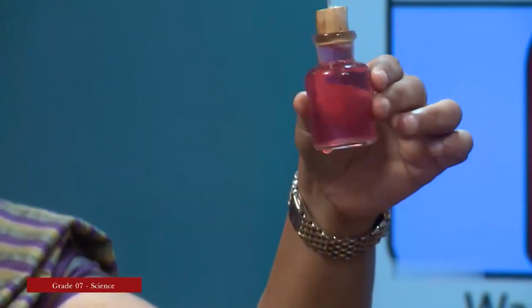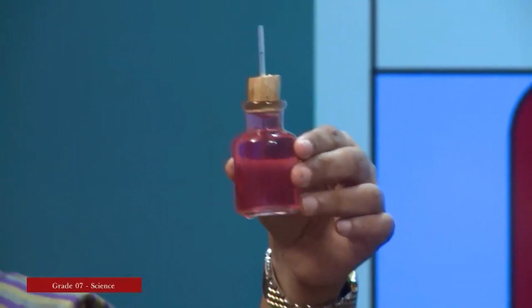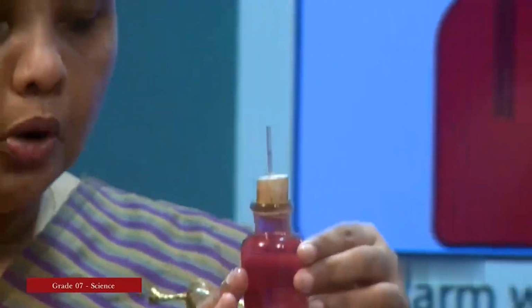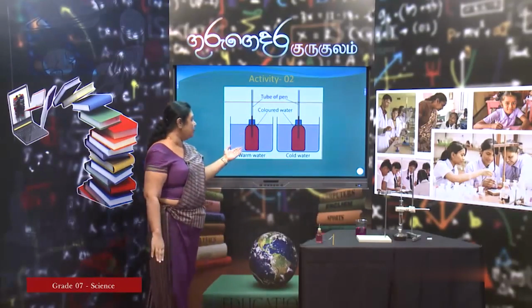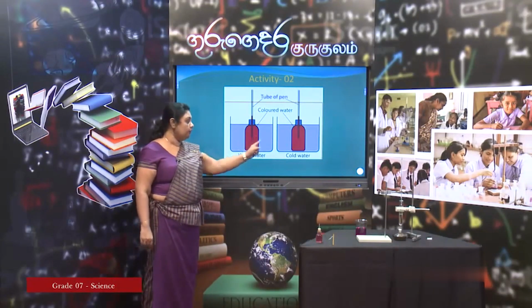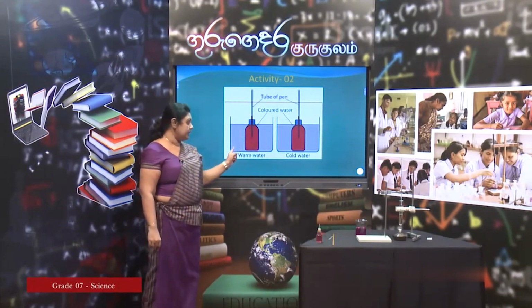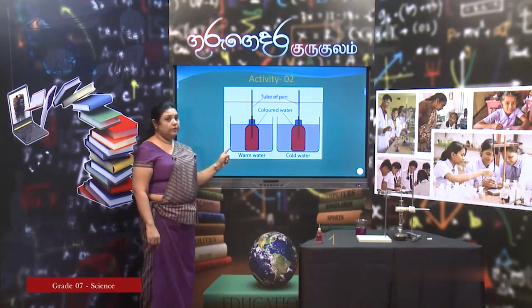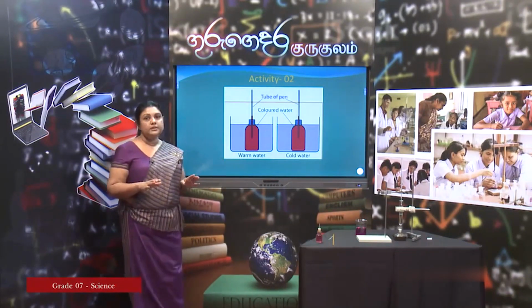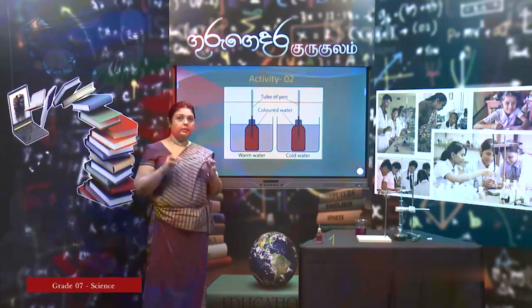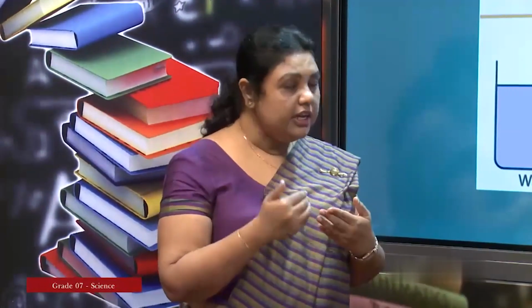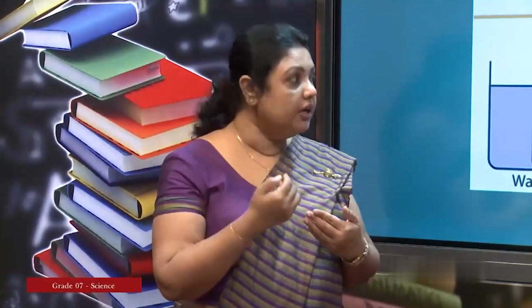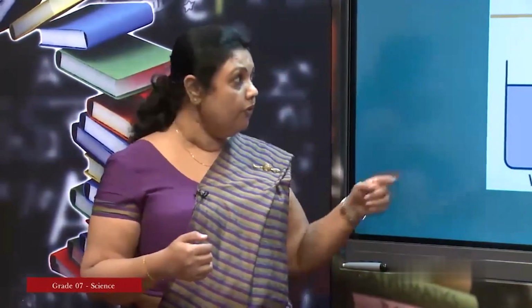This is the way that you have to make the setup. After that, these 2 bottles that we made are kept in 2 different water containers. Then we can keep them for some time. Then we allow the level of ink to rise or decrease.